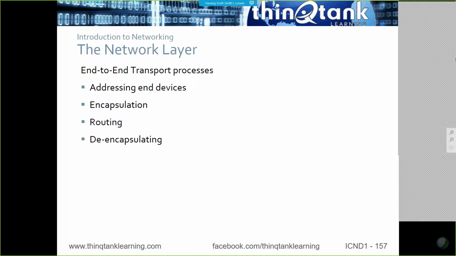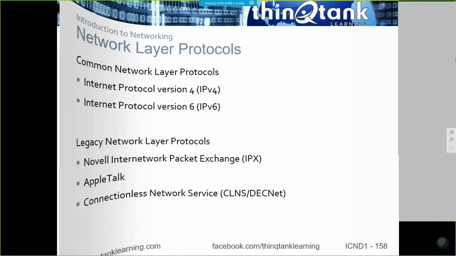Of course, at the network layer, we do have encapsulation, in the form of an IPv4 header or an IPv6 header. Routing occurs at this layer. And at the other end, when we receive the data, we do de-encapsulation, where we remove the layer 3 information before we send the data up the stack.